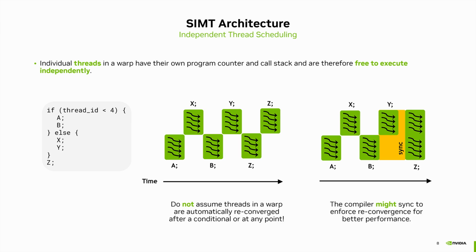In the example here on the left, one might assume that after the branch, the threads reconverge and execute Z. But there's no guarantee by the hardware that this is the case. We can have one group of threads from the warp executing Z in one cycle, and the other threads in another cycle. Of course, the compiler will do its best and try to enforce reconvergence whenever it sees fit, but whenever you write your code, you should never make that assumption.